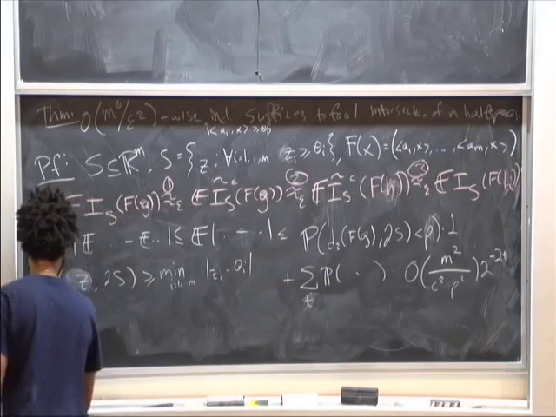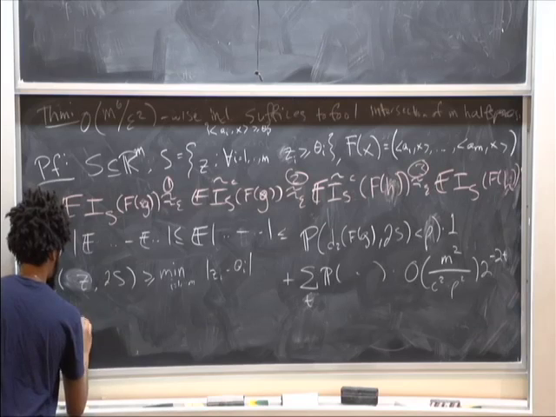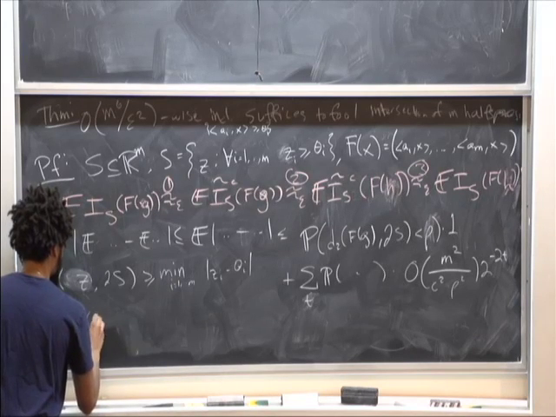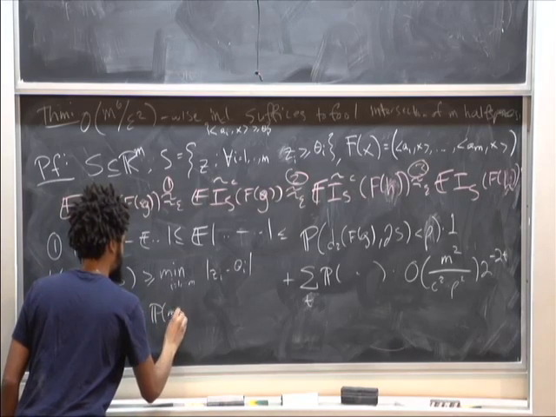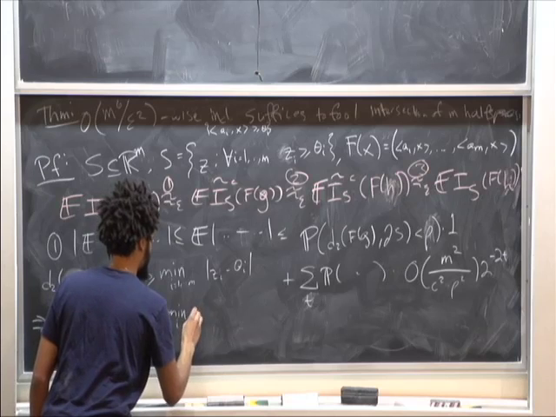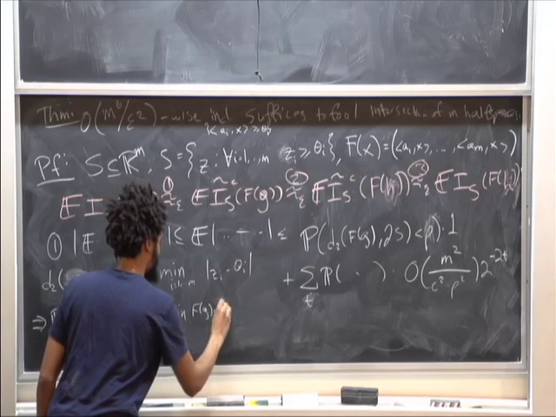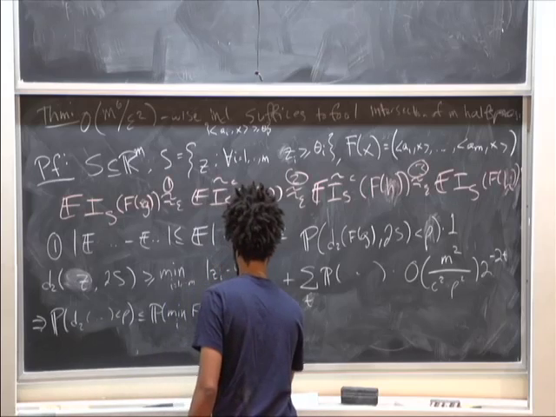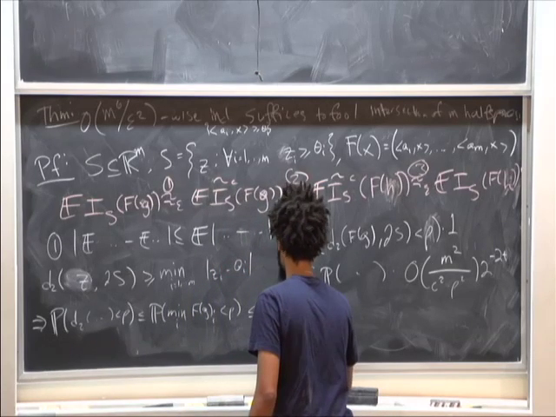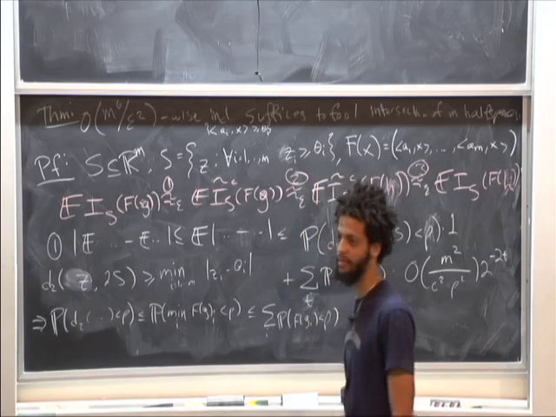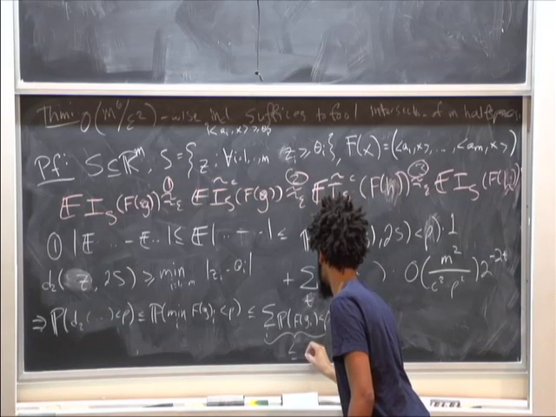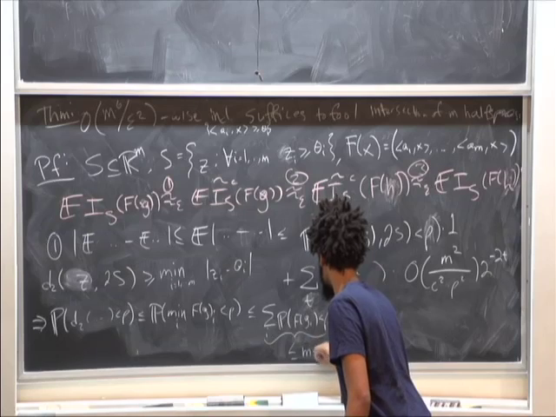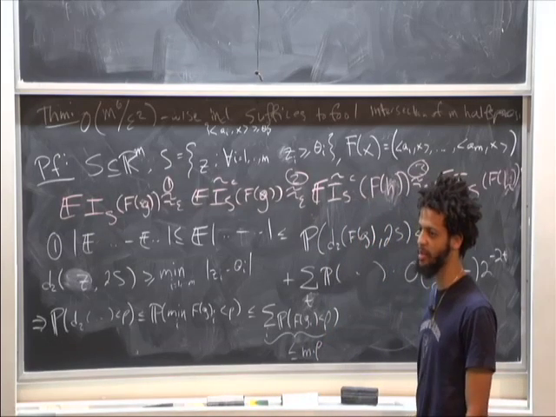So that implies that the probability that the distance is less than rho is at most the probability that the minimum of |f of gi| is less than rho, which is at most the sum over i of the probability that |f of gi| is less than rho. And this thing is just at most m times rho. So I'm going to set rho to be epsilon over m.